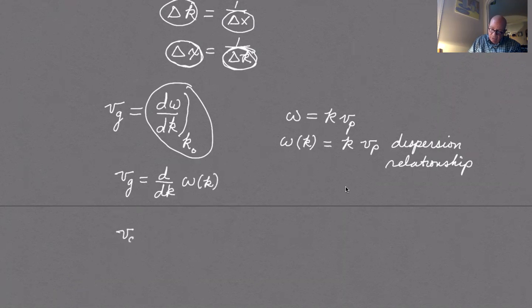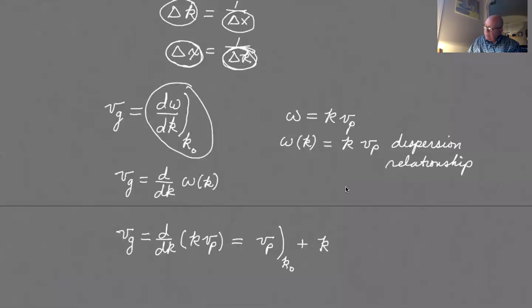And so then V group is going to be the derivative of k times the phase velocity. Using the product rule, this is going to be the phase velocity, again evaluated at some k naught, plus k times the change in the phase velocity with respect to k, again usually evaluated at some k naught, okay?